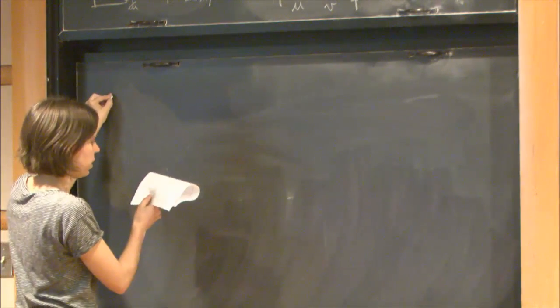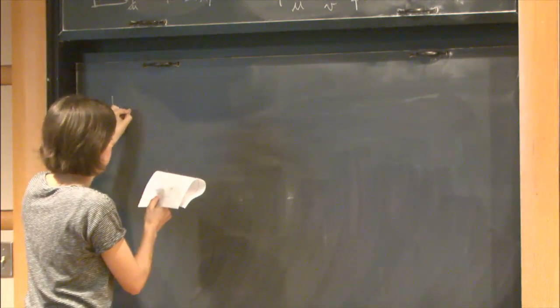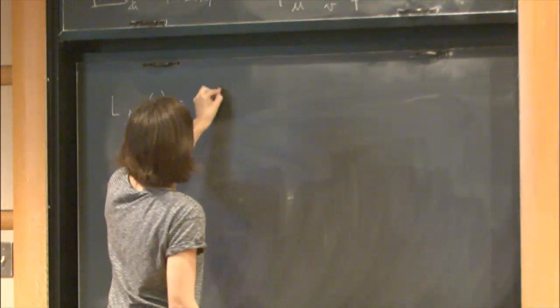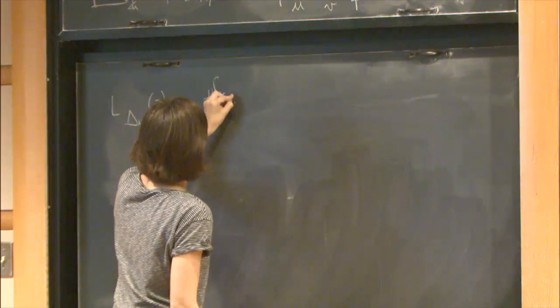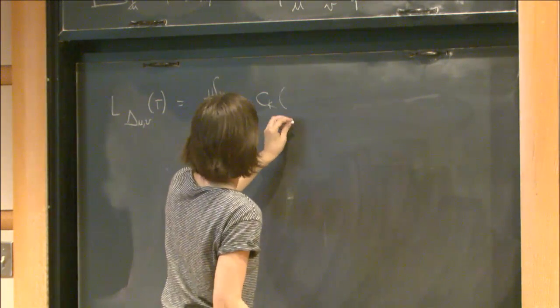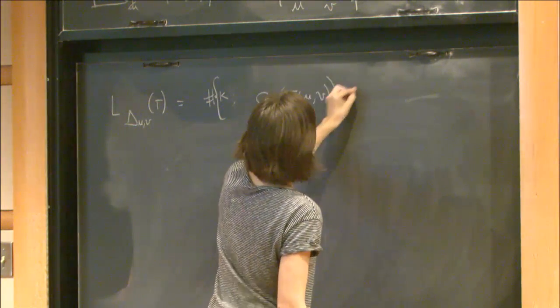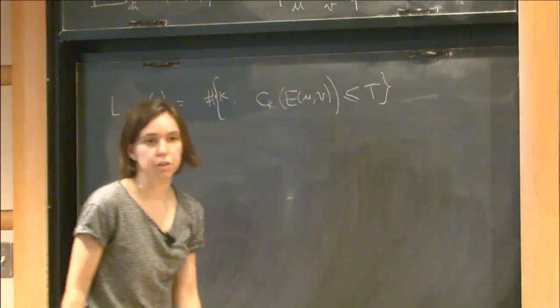So we can show that L delta UV of T is equal to the number of k's such that c_k of E(U,V) is smaller than or equal to t.